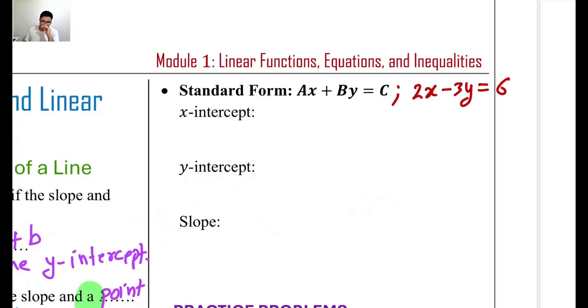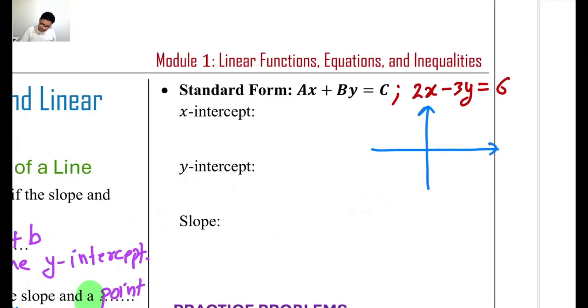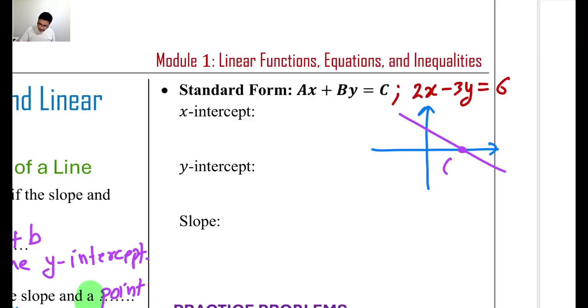X-intercept is, what is x-intercept? The point on the x-axis. That means on the x-axis, right? If you take a line, the x-intercept is the point on the x-axis, we call it a comma 0, that point.